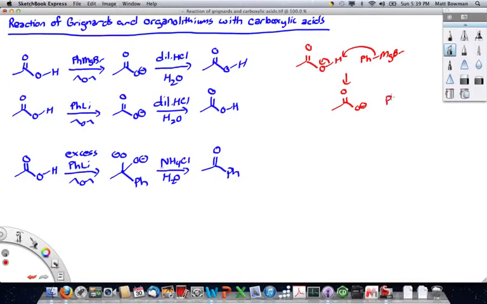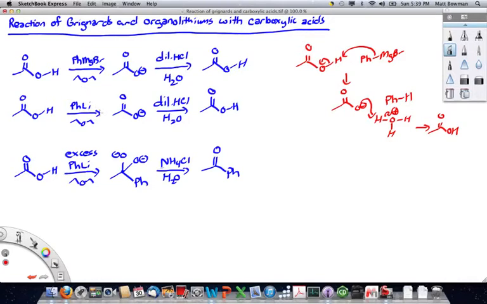The carboxylate is much more stable than the carboxylic acid, and as a result won't react any further until you add the dilute HCl and water, which forms H3O+, and that ends up giving you your carboxylic acid first. So essentially, no reaction has really taken place other than simply replacing this MgBr with an H.